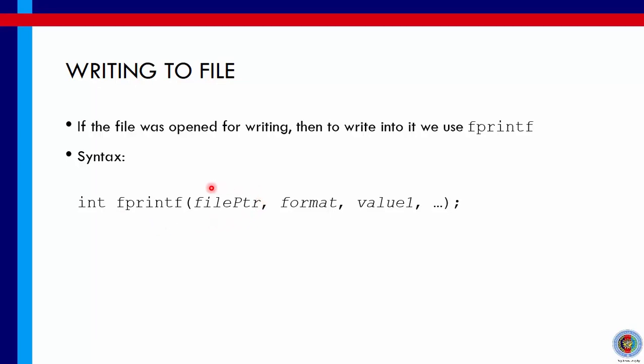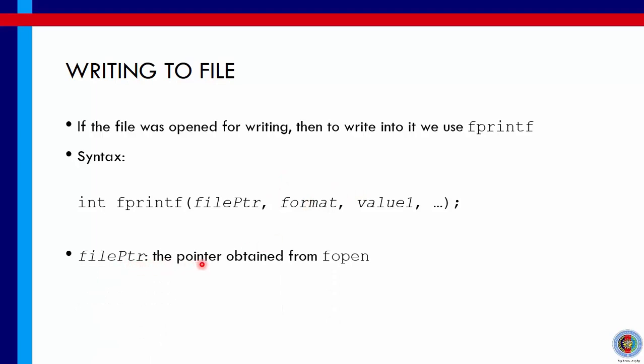And the first parameter, or the first input to the function, is the file pointer just now. And then followed by the normal input that we give to printf. The format is like %d and then what you want to print, everything. And all the percent signs will still be the placeholder for the output that comes from the variables that we list out after the format string.